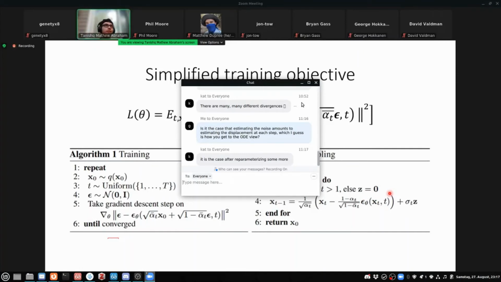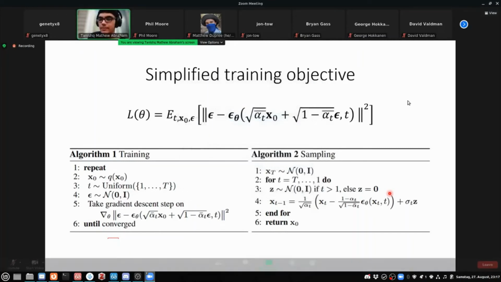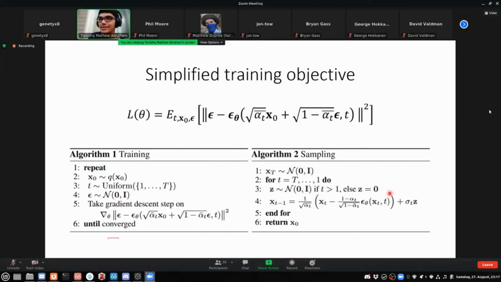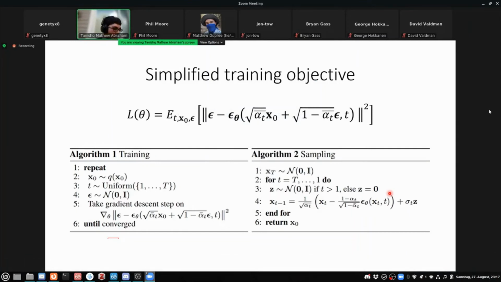Yes, because this is some sort of sampling procedure. There's a different formulation which I find easy to understand, mentioned in the paper, which is this Langevin dynamics formulation.